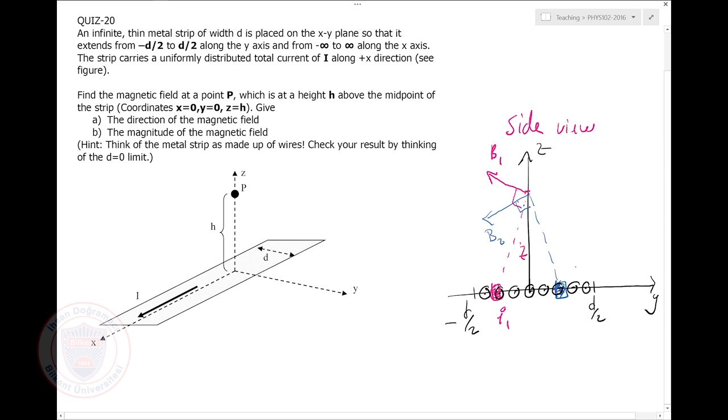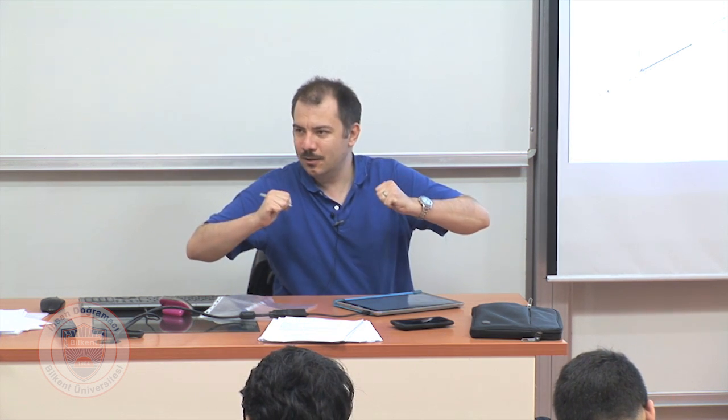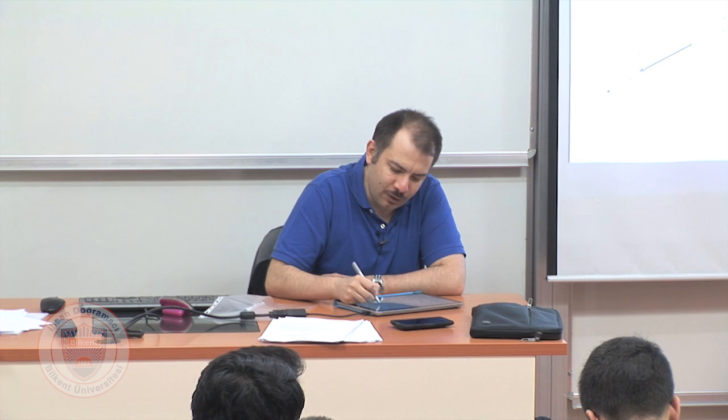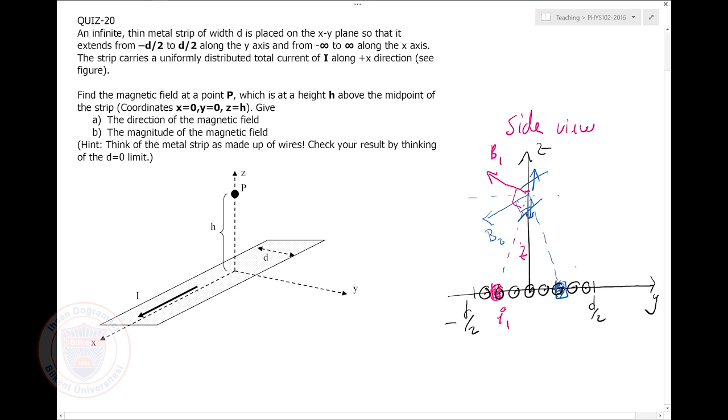Now, the magnitudes of these vectors, B1 and B2, are going to be the same. Why? Because they are equidistant from my observation point. What does that mean? If I look at the components, the z components will cancel each other, while the y components strengthen each other.